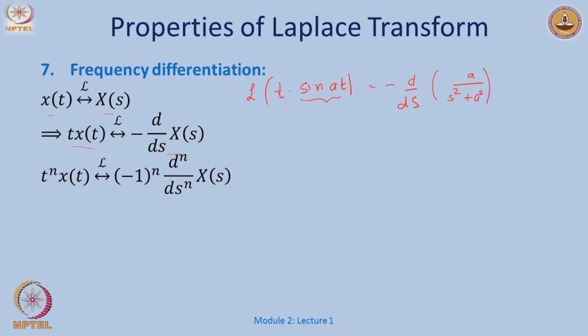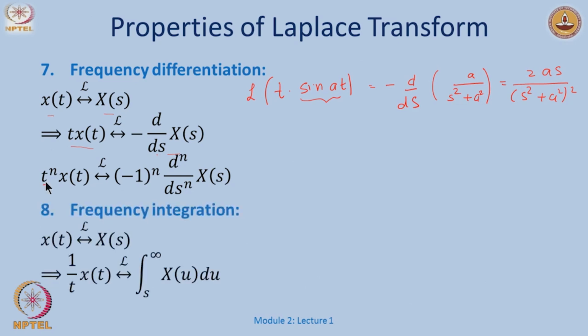Okay. So, this just becomes twice a s over s square plus a square whole square, right. So, this is a very useful property for me, and I can extend this when I am multiplying it with t n times.